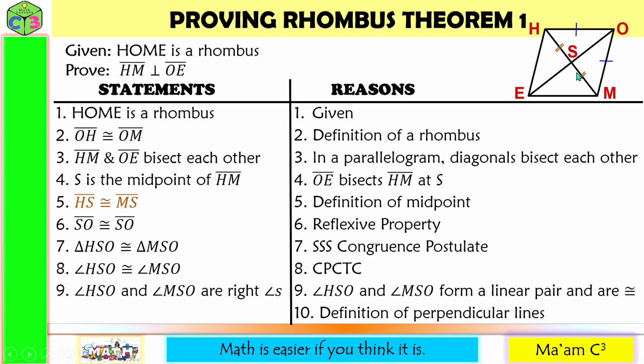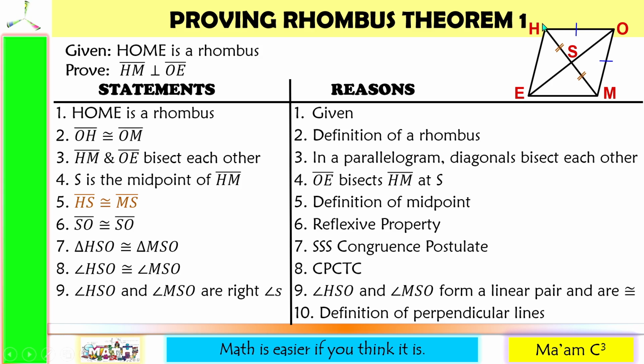Let us make this clear. This is a straight line, so they are linear pair. If they are linear pair, they form 180 degrees. And if they are congruent and their sum is equal to 180 degrees, it means that each one measures 90 degrees. 90 plus 90 equals 180 degrees.